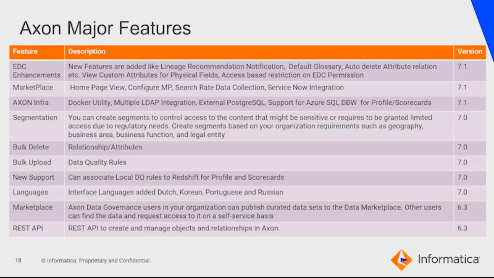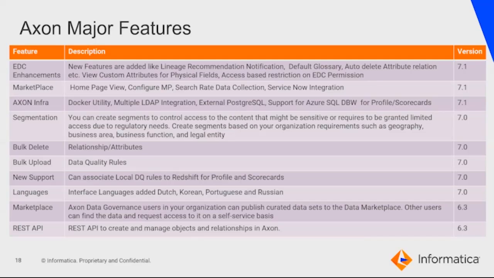Now those restrictions will be controlled, so that the way a user has access to a specific set of resources in EDC, a similar set of access restrictions is implemented in Axon, so that user A will have the same set of resource access in Axon. An improved marketplace UI features have been added, and ServiceNow integration is also being implemented.